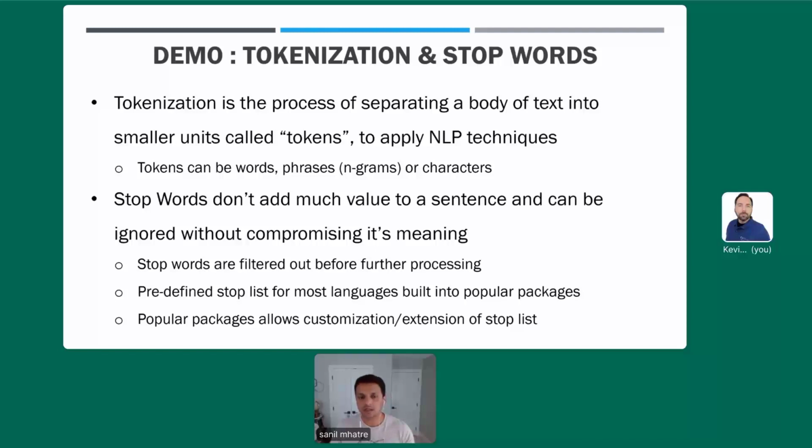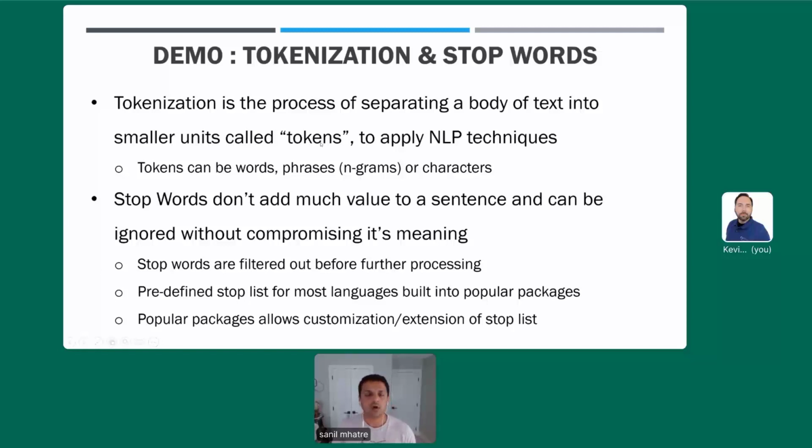You could also break it down into phrases, where maybe the words that occur frequently, like "not good," where the words occurring together totally change the meaning. You might want to look at bigrams or trigrams, where three words occur together. So the definition of a token can be as small or as big as your use case demands.